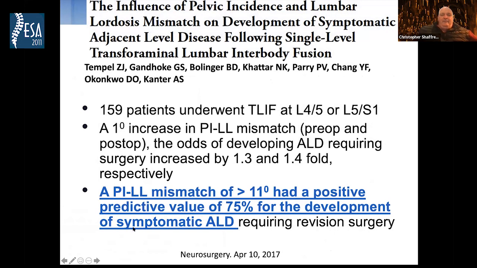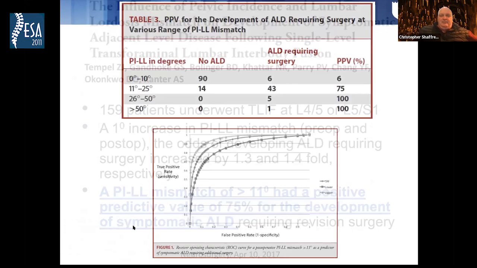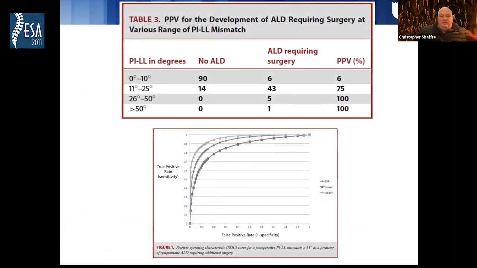And you can see conversely, if you had good overall alignment, the number of revisions that were needed were actually quite small. And this is, again, some additional information showing exactly the same thing, that getting good alignment is important for both big surgeries and little surgeries.